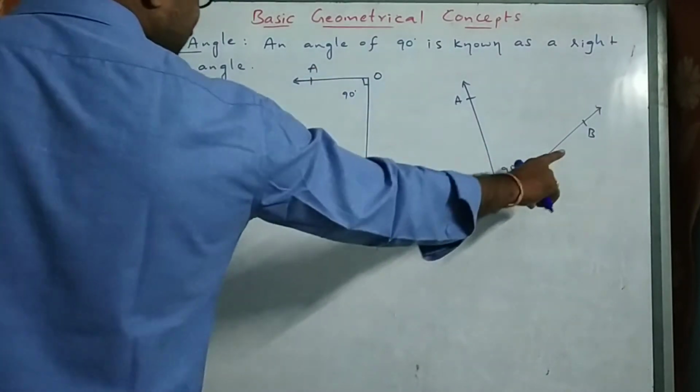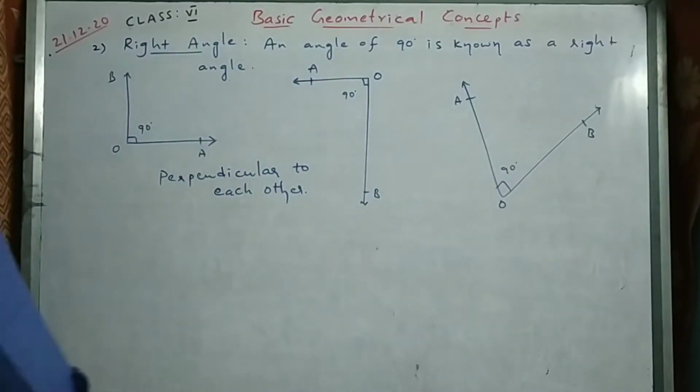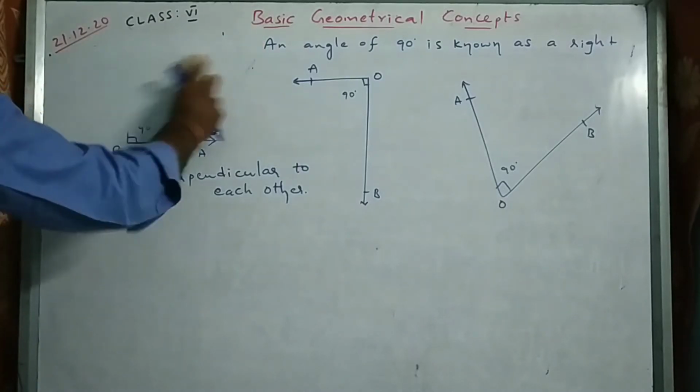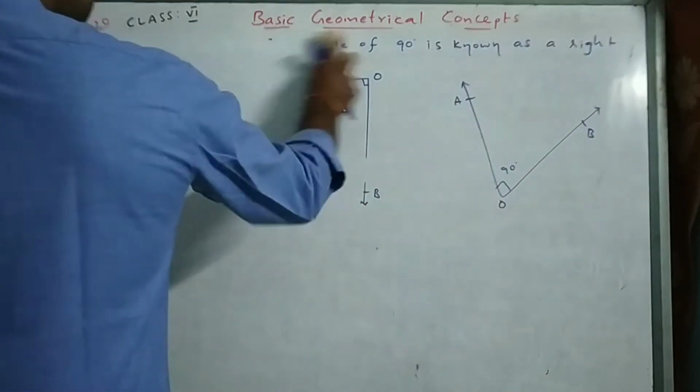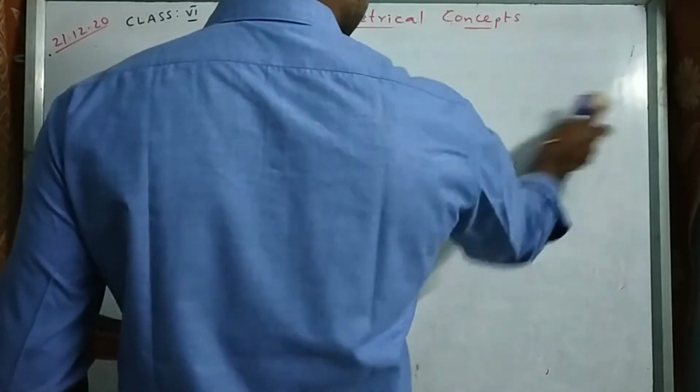This ray is perpendicular to this ray. So, if the angle between them is 90 degrees, acute means what did I say? Below 90. Exactly 90 means what type is it? Right angle. Okay.